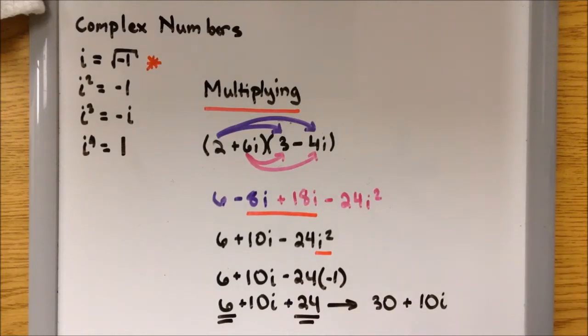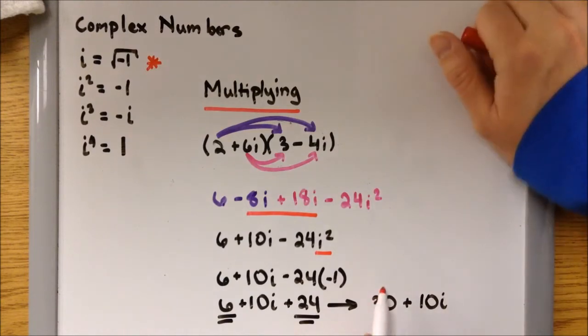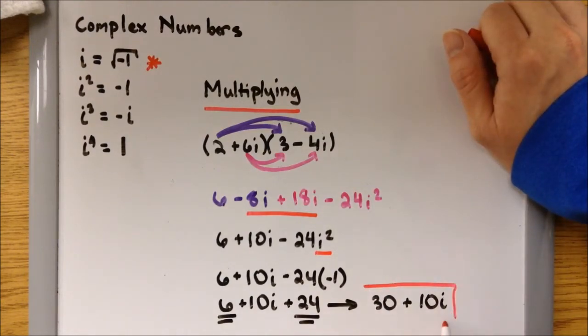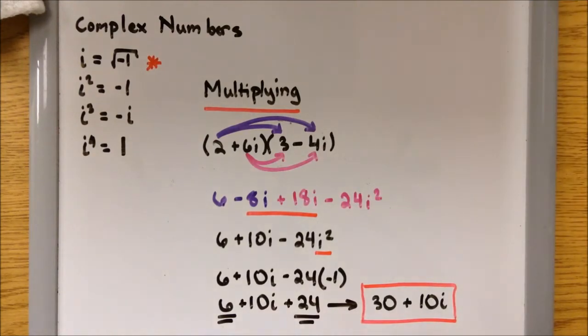So 2 plus 6i times 3 minus 4i simplifies to 30 plus 10i. So when we're simplifying, first FOIL correctly, combine like terms, simplify i squared if you have it, which we got negative 1, then simplify again, negative 24 times negative 1 was a positive 24, and then combine these two like terms, so 30 plus 10i.